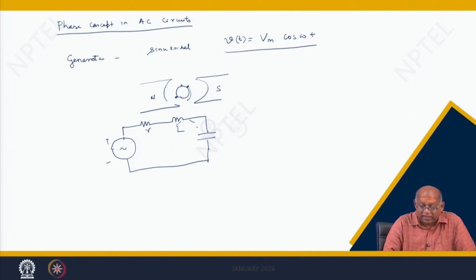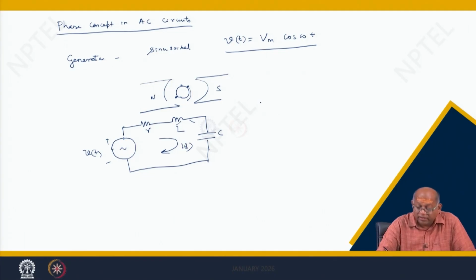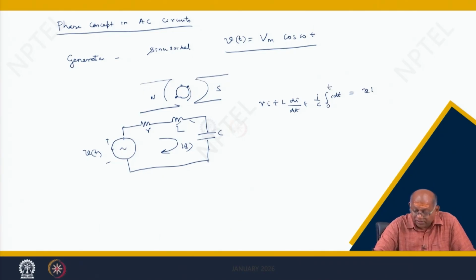This is R, L and C, and this is the voltage V t, this is V m cos omega t. So, if you find out the current I, how to find the current I t? So, you will find R I plus L d I by dt plus 1 by C integral of I dt is equal to V t, that is V m cos omega t.